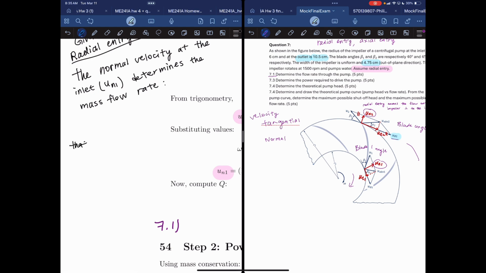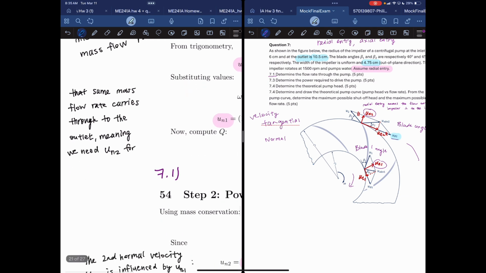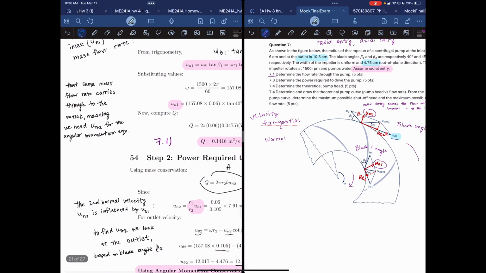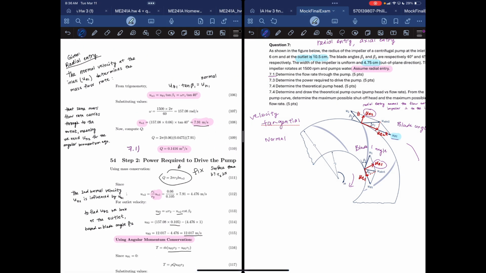And that same mass flow. Okay, and then Q for 7.1.